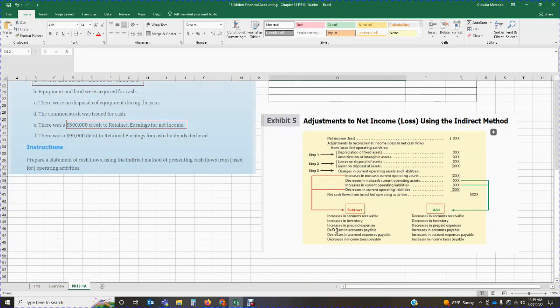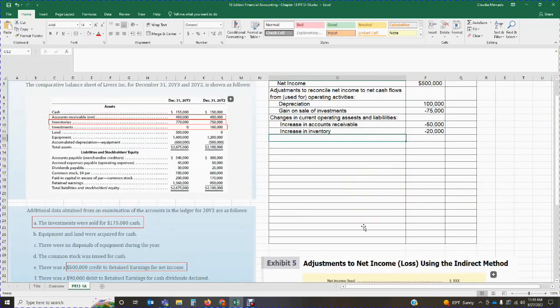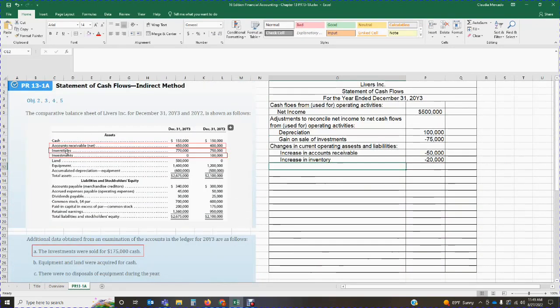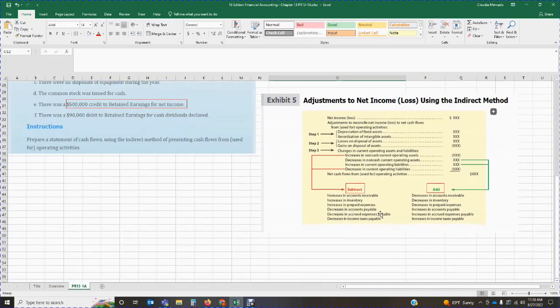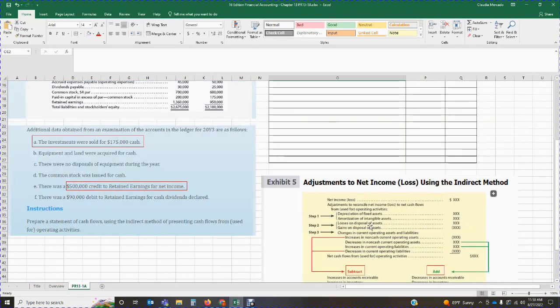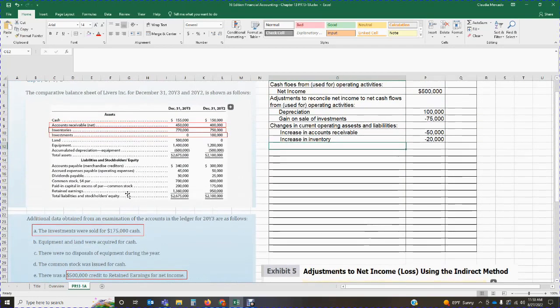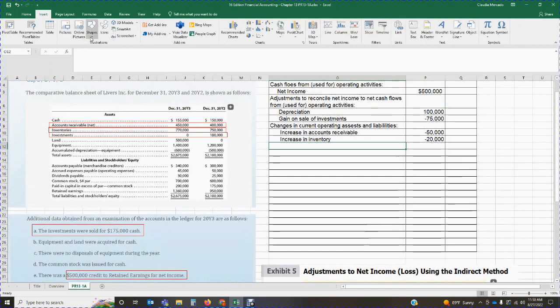The next category we have is prepaid expenses. Do we have any prepaid expenses? In this particular balance sheet, we don't have any prepaid expenses, so we can skip that. Do we have any accounts payable? Let's look at our accounts payable. Accounts payable is a liability. We have accounts payable right here.